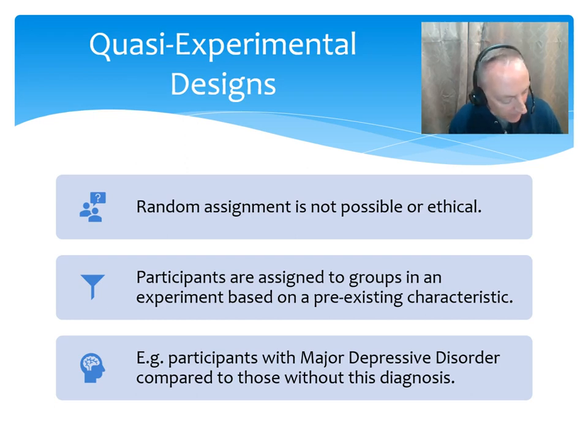And if I find a difference, then I'm going to make the inference that, let's say I'm testing a particular treatment on major depressive disorder. Again, I can't assign you to that condition. It is something that is already existing, and you're going to compare people with that diagnosis versus people without.